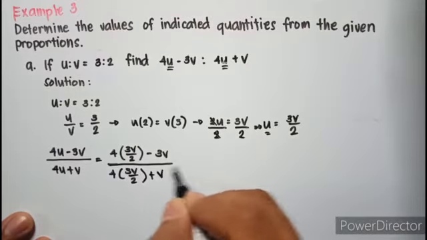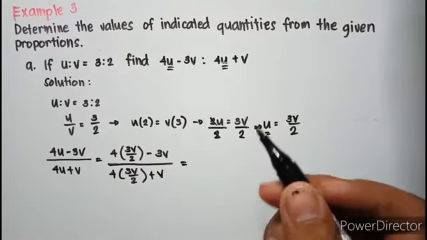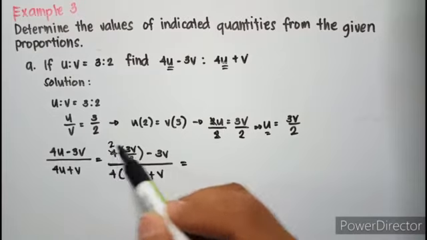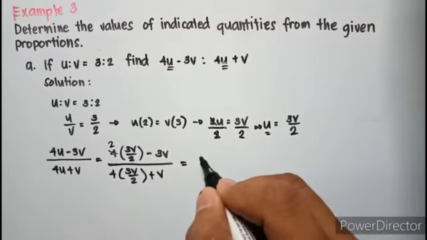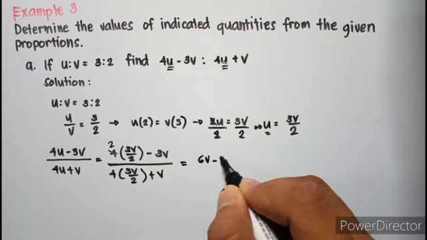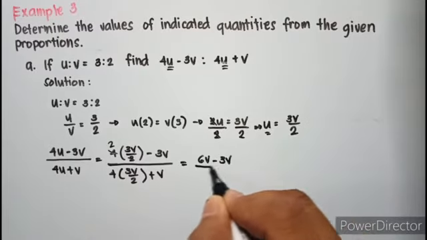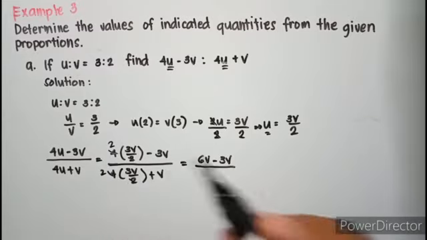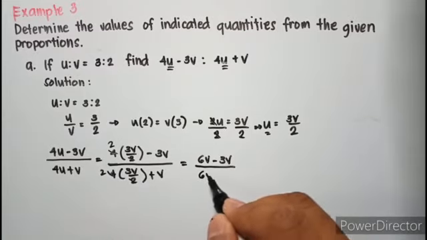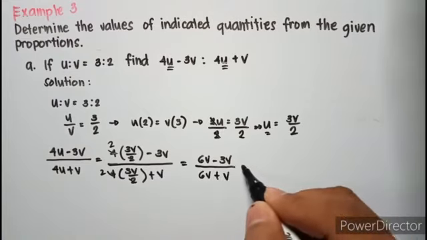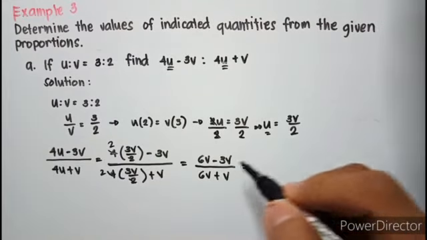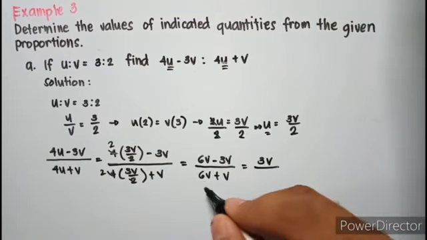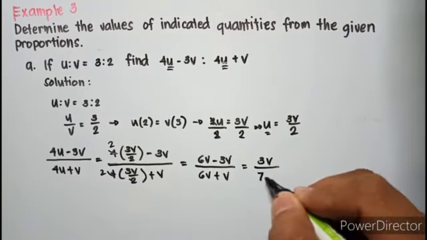plus V. So that is equal to, we can cancel 4 and 2, so that will become 2. 2 times 3V, that is 6V minus 3V over, cancel, so that will become 2. 2 times 3V, that is 6V plus V. So this is equal to 6V minus 3V, that is 3V, over 6V plus V, that is 7V.